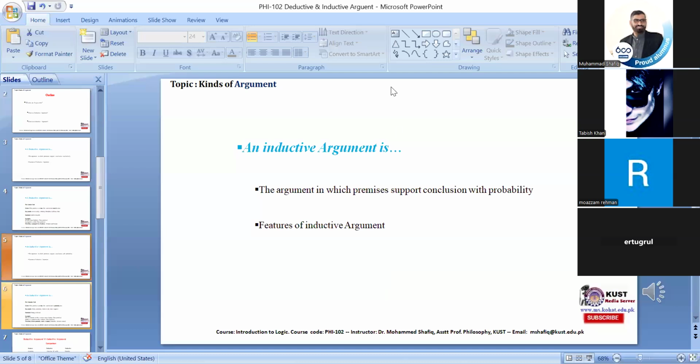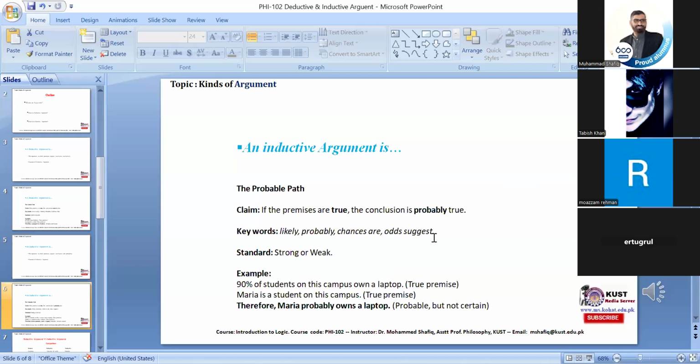So the second feature of inductive argument is that it starts from particular and ends on general. It's a probable path. Inductive argument is called a probable path. If the premises are true, the conclusion is probably true.